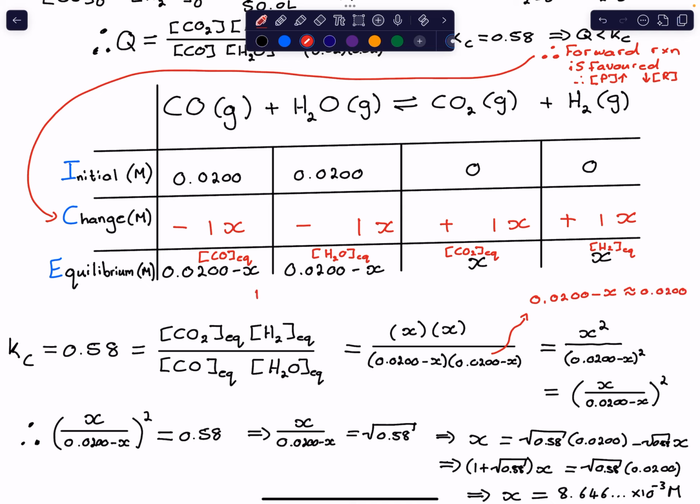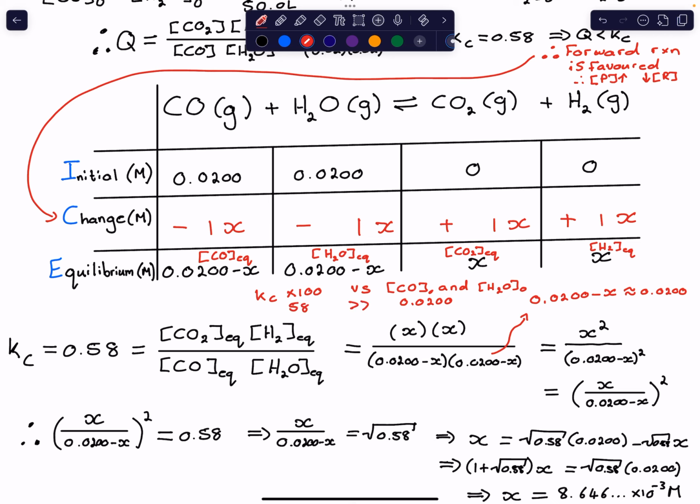If you compare Kc times 100 with the concentration of CO and H2O at the start, you will see both of these values are 0.0200, and Kc times 100 is 58.